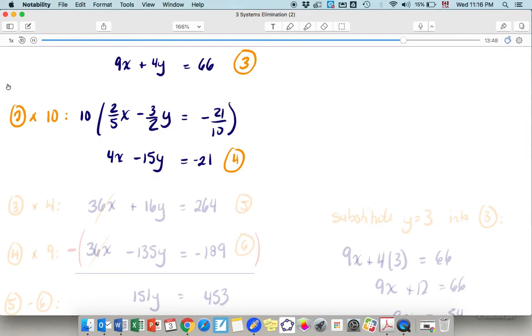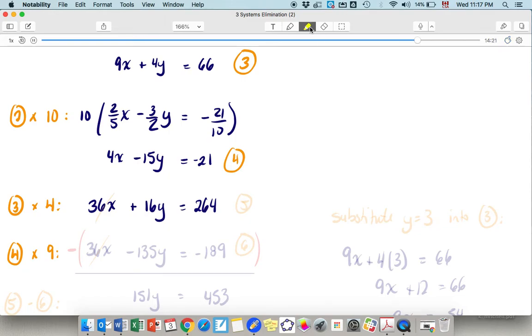So, not done yet. We're going to take our third equation and multiply it by 4, and our fourth equation, and I'm going to multiply it by, what did we say? We said 9. So 9x times 4 is 36x. 4y times 4 is 16y. 66 times 4 is 264. Now equation 4 by 9.